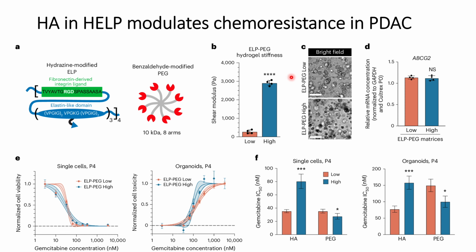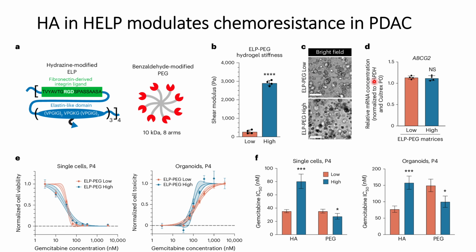And when they checked this in the PDAC, they wanted to see the organoid growth under the microscope. They could see that organoids are growing both in the ELP PEG high conditions and the ELP PEG low conditions.